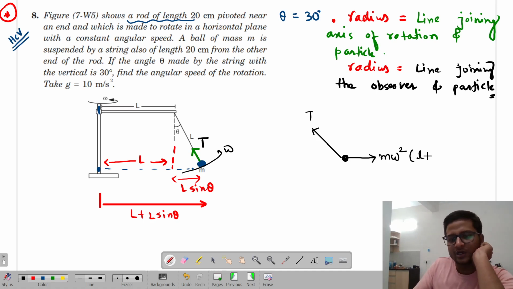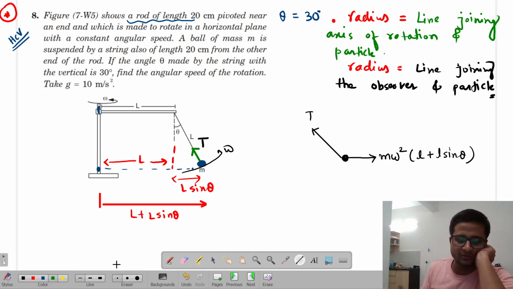And that r will be how much? L plus L sin theta. Are you able to get me? बोल हाँ या ना? Okay, so this is angle theta. If that is theta, so this angle will be also what angle? Theta.